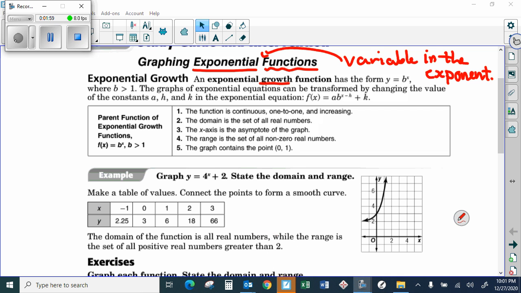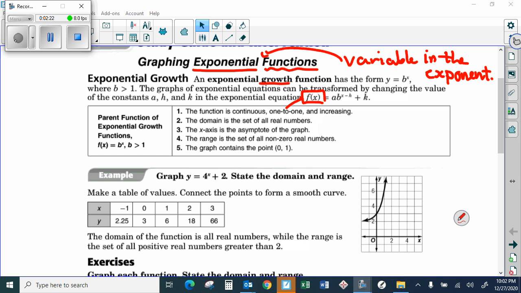Okay, the graphs of exponential equations can be transformed. Remember, we talk about transformations in geometry all the time. We had reflection, rotation, translation, glide reflection. By changing the value of the constants a, h, and k in the exponential equation, f of x, remember that means that's function notation.